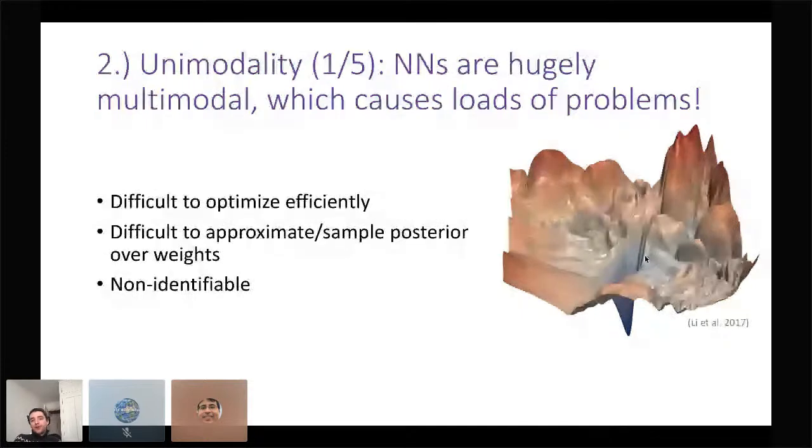And finally, if you're a statistician, and one of my missions anyway is to bring machine learning and statistics much closer together, then many of your proofs are going to care about identifiability. And this is inherently non-identifiable for many reasons, essentially the multimodality.